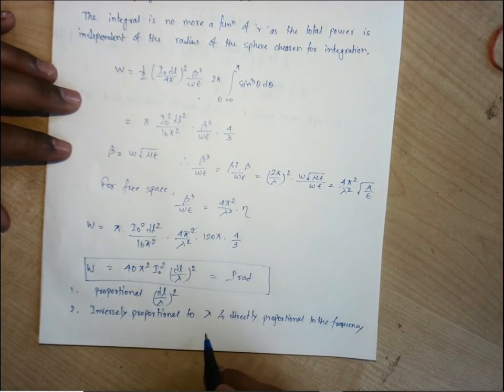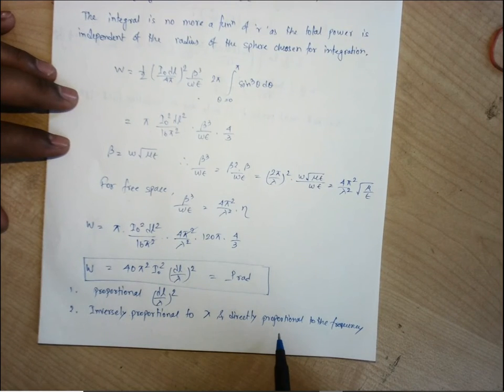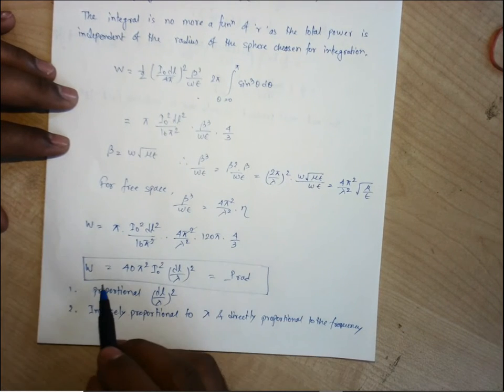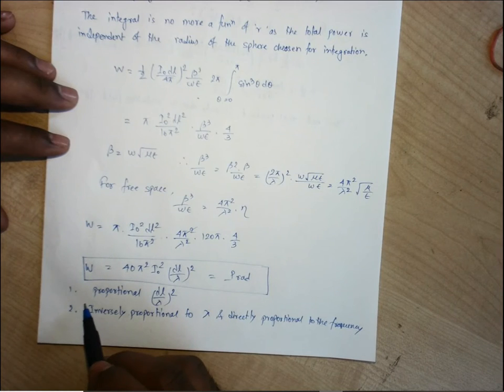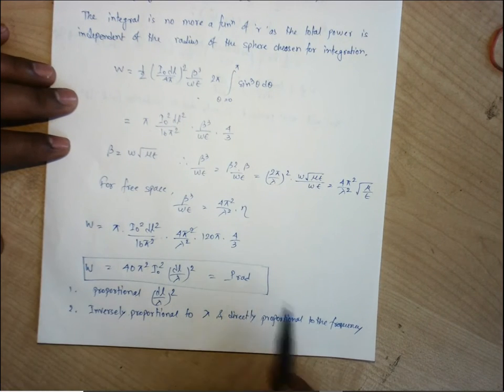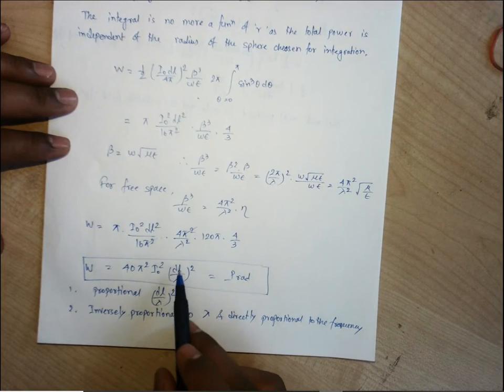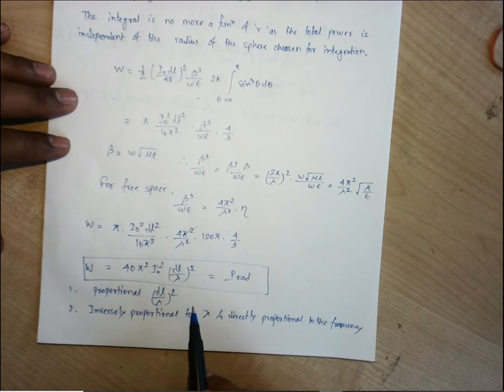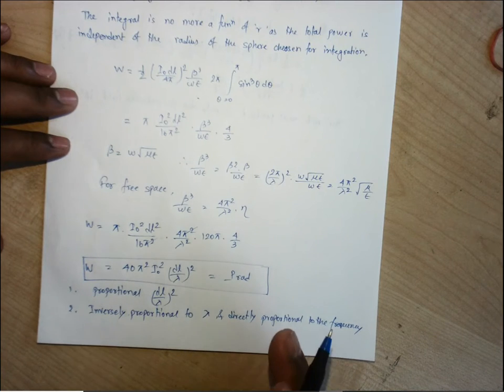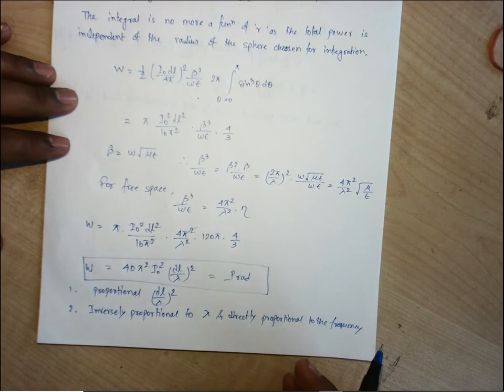What we can find is that if the operating frequency is higher, radiated power will also be higher. Because this lambda is C by F, F will go into the numerator, so it is directly proportional to F. So we can say the radiated power will be more if the operating frequency increases.